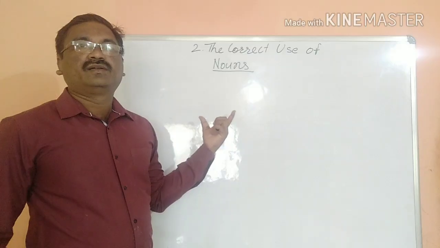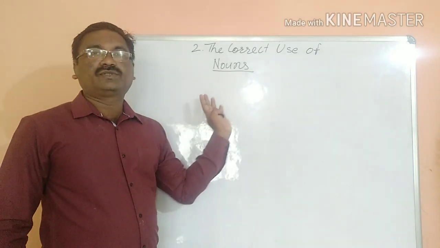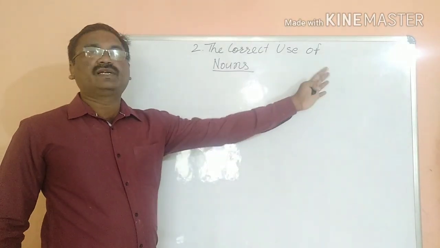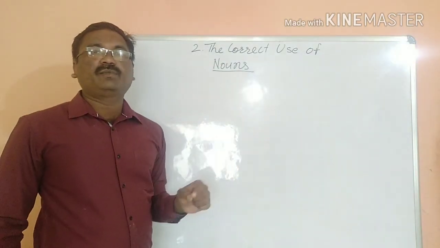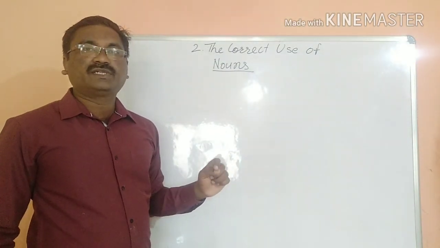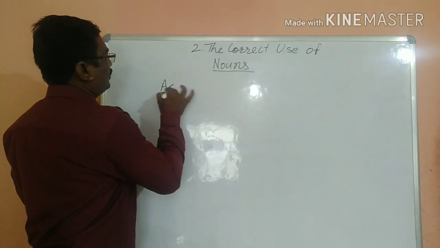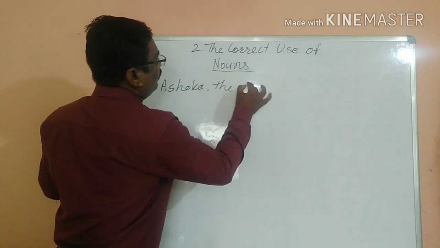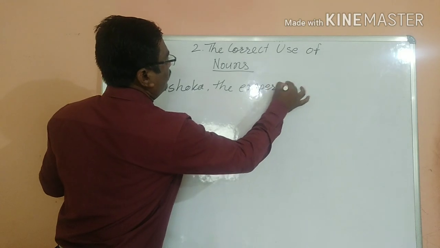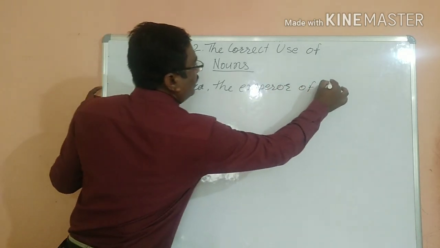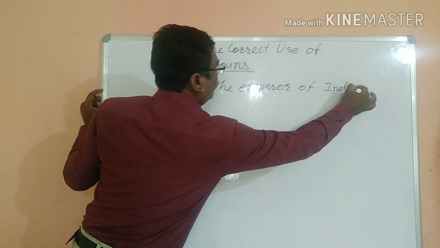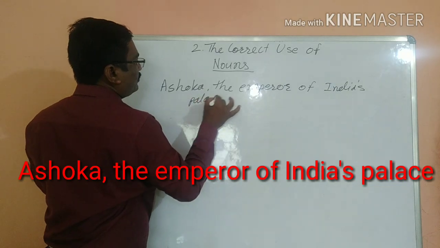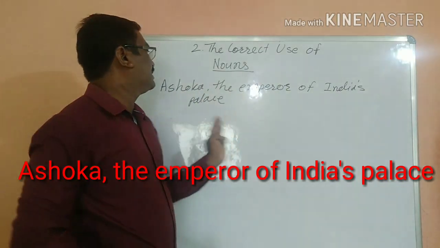If two or three nouns are used in opposition, the last word will take apostrophe s, the possessive case. What is meant by opposition? Just see. Ashoka, the Emperor of India's palace.